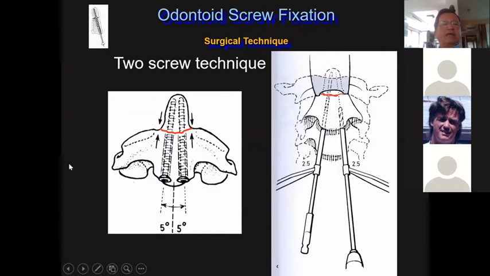It is criticized: if you use 2 screws, the screw diameter is about 3.5 millimeters, so you will get less fusion surface, because the base of the odontoid is about 0.8 centimeters in diameter.